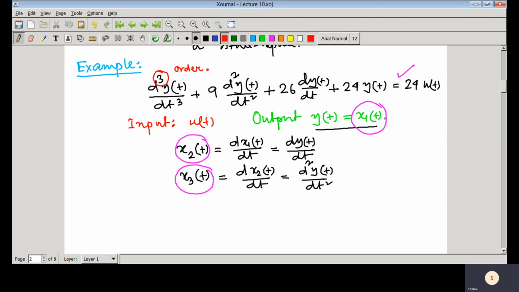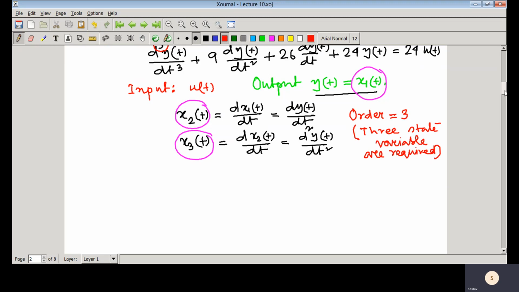That means the minimum number of variables you need to describe this dynamical equation. So let us write. So here you see that order equal to 3, that is actually the order of the differential equation. So that means it indicates you need 3 state variables are required to describe this particular system.